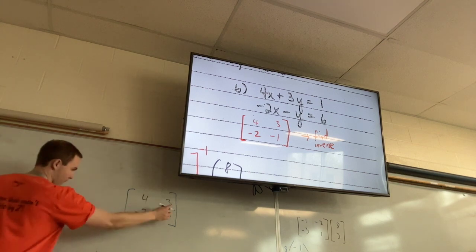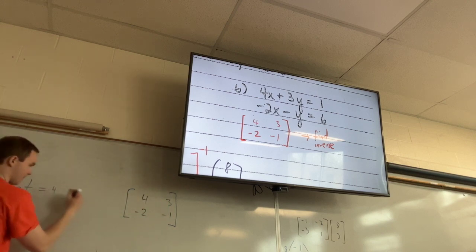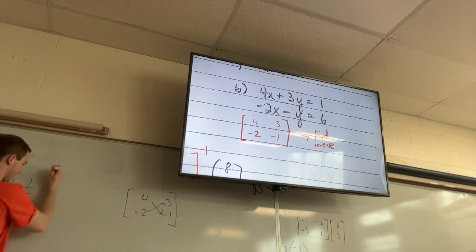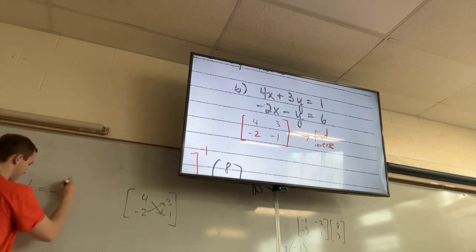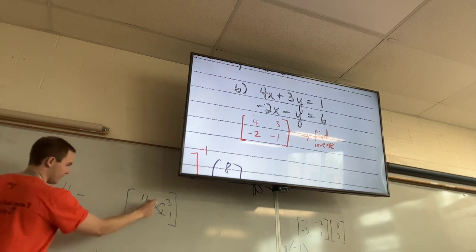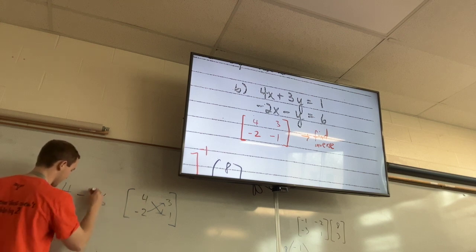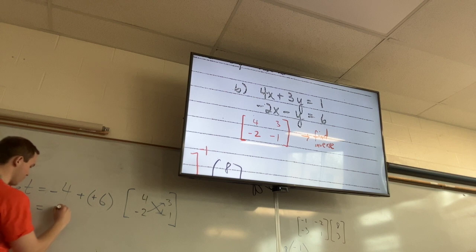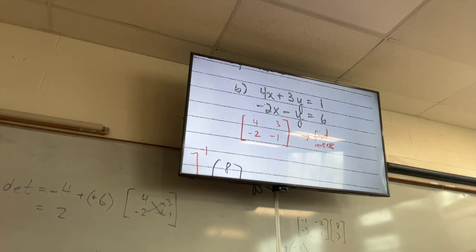The diagonal 4 times -1, which is -4, minus -2 times 3, so minus -6, which is 2, right? So then 1 over the determinant is 1 over 2.